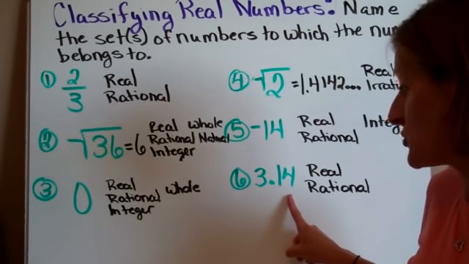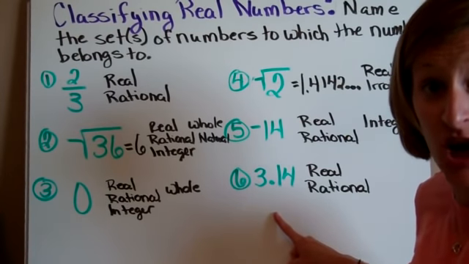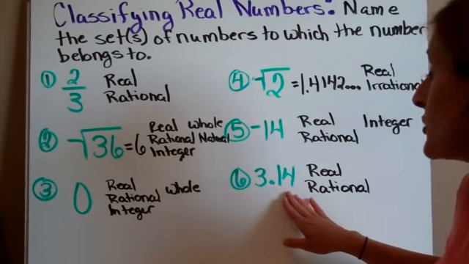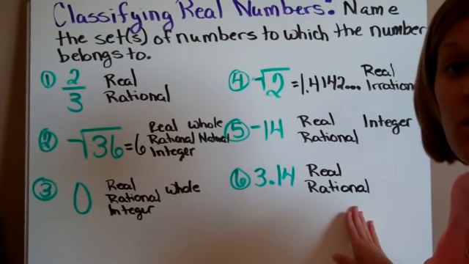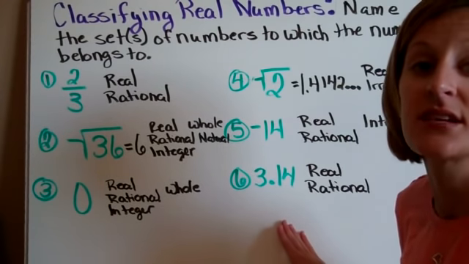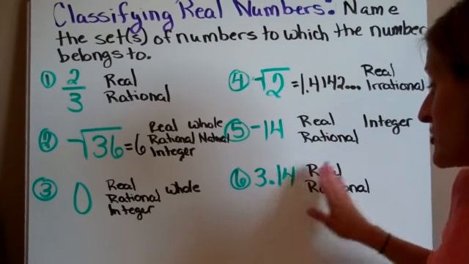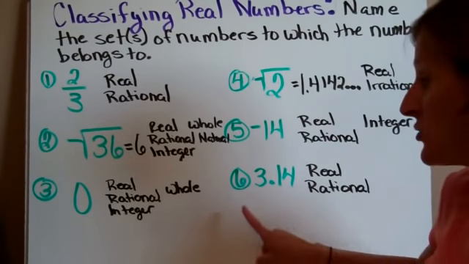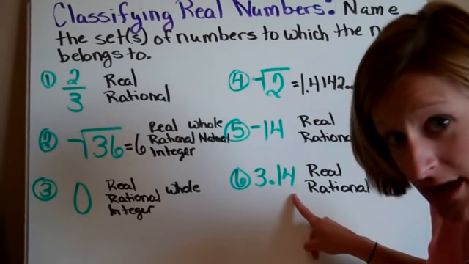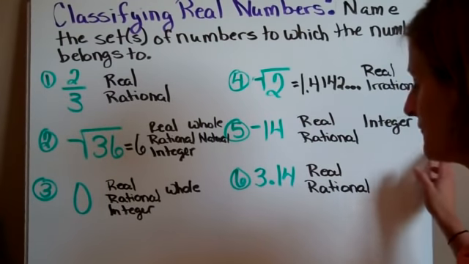We can put it into a fraction because we could do 3 and 14 over 100. So it's real and it's rational. But notice since it's a decimal, it's not an integer, because integers are whole numbers and their opposites. So 3.14 is going to be real and rational. And notice this is not pi. If it was pi, I would actually have the pi symbol.